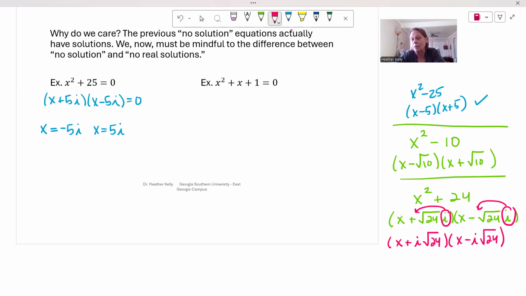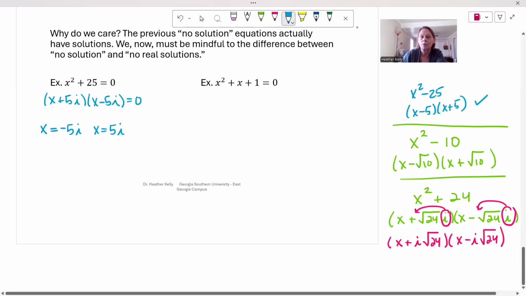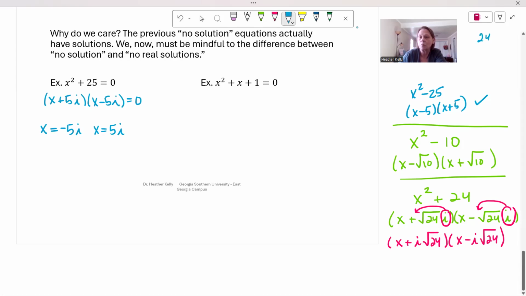And just because I made this one up, I need to completely finish it. I couldn't let you leave it like this because it's not in the most simplified form. So I would need you to break down that square root of 24, right? And let's look up here just real quickly. 24 is 4 times 6. 4 is 2 times 2. 6 is 2 times 3. It's a square root. We need pairs. So the square root of 24 is 2 square roots of 6. And I would expect that you would take it all the way there.